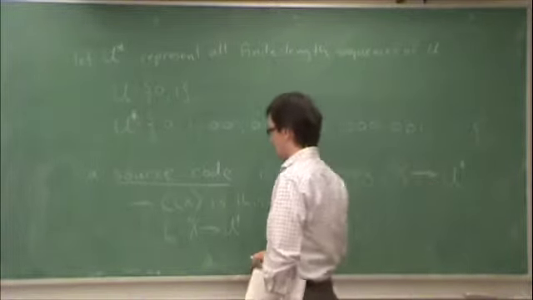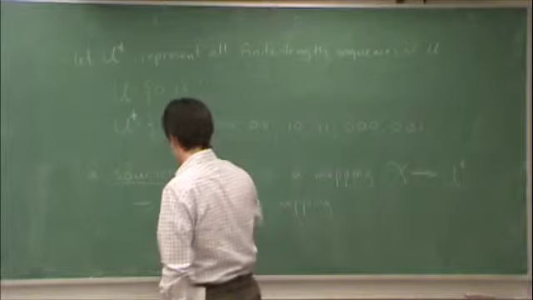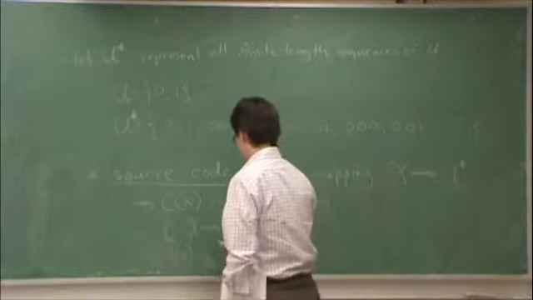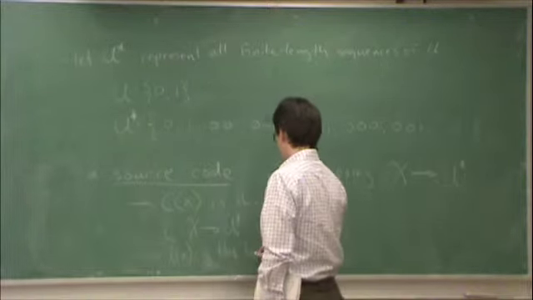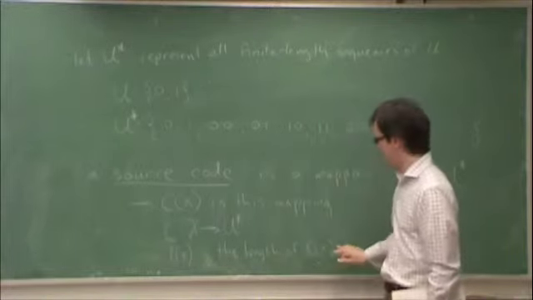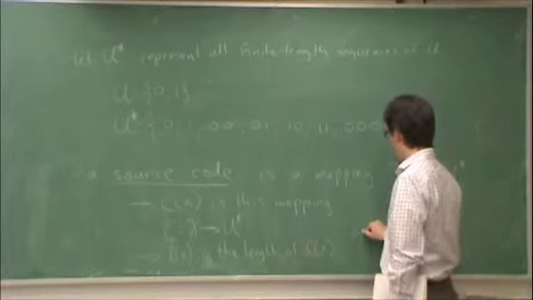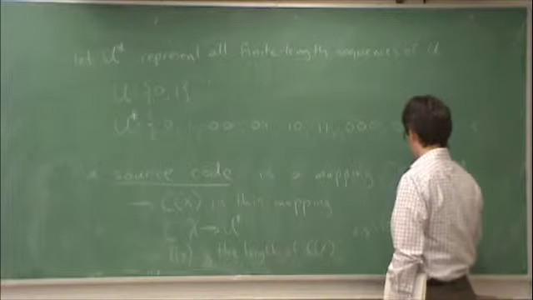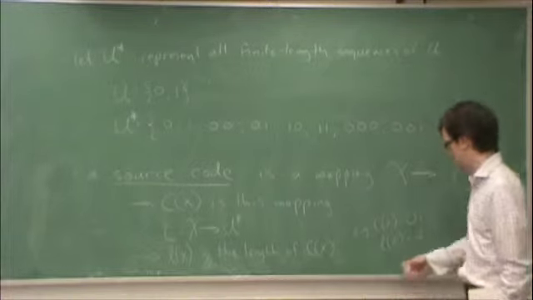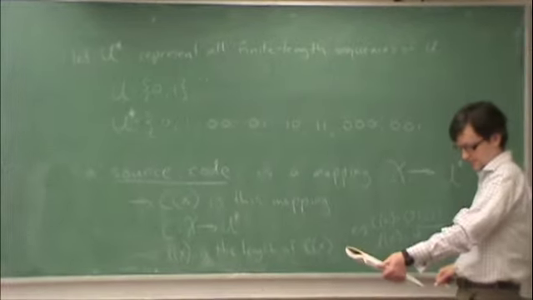Okay, there's another property which we've touched on, which is average length. So the length of each code word, L of X, is the length of C of X. So if for some X, C of X is equal to 0, 1, 0, 1, then the length is 4. So this is just the number of these channel symbols that are in each representation for each outcome X.